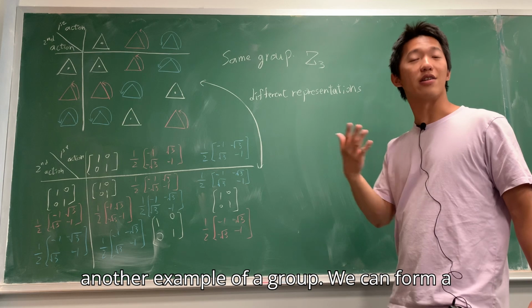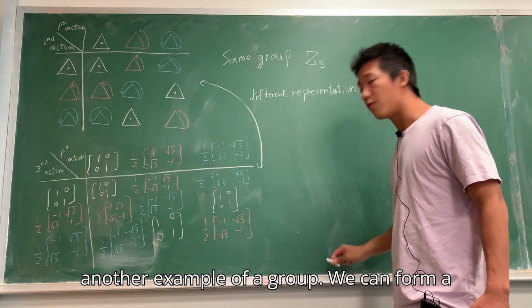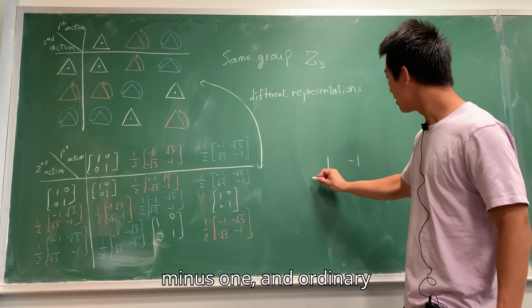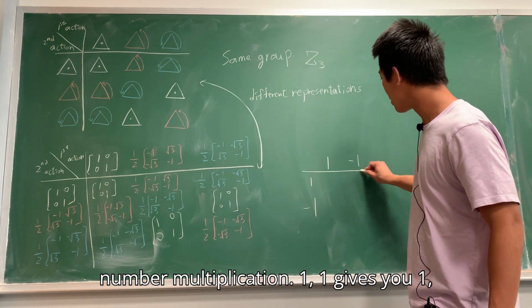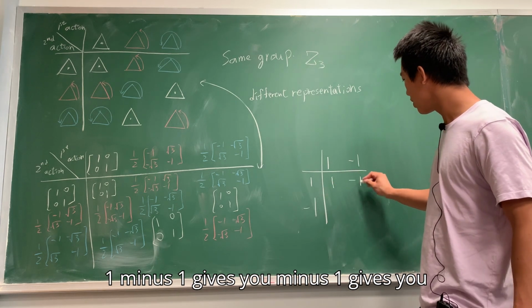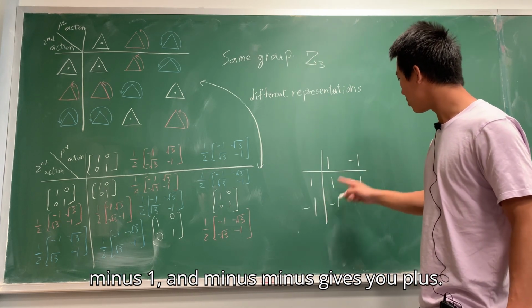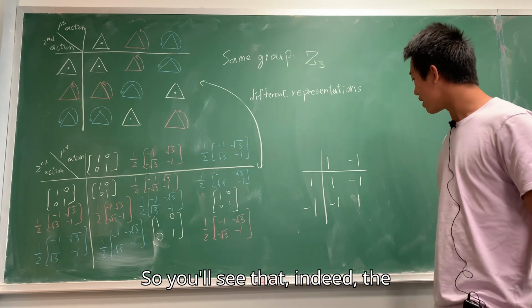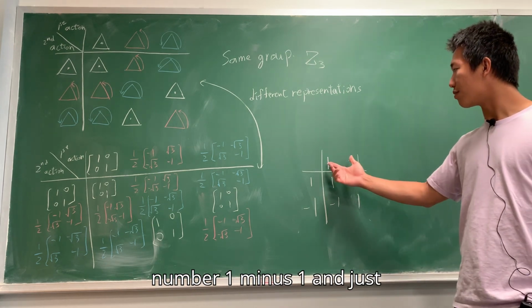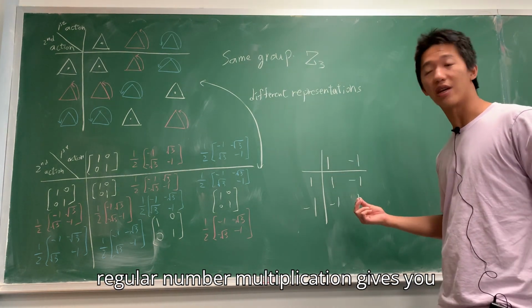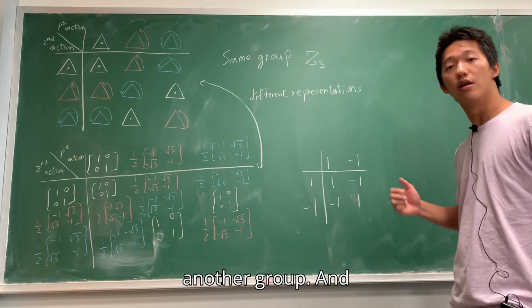Let's give another example of a group. We can form a group with the numbers 1 and minus 1 and ordinary number multiplication. 1 times 1 gives you 1, 1 times minus 1 gives you minus 1, and minus times minus gives you plus. So you'll see that indeed the numbers 1 and minus 1 with regular number multiplication give you another group.